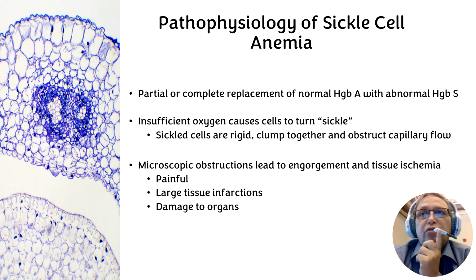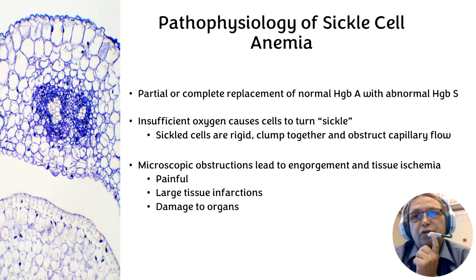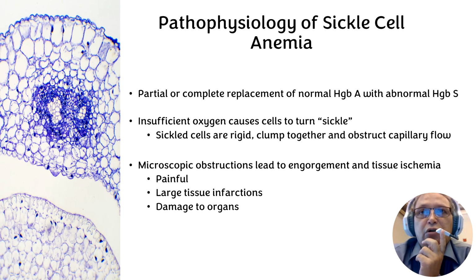So when you have hemoglobin S, the cells misform into the sickle cell, actually more of an S shape. These cells are rigid, not soft and flexible like a red blood cell, like an erythrocyte. They're hard. And because they're hard, they don't bend, they don't flow, they do clump together.